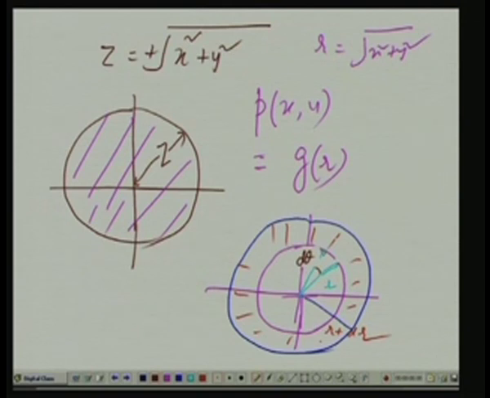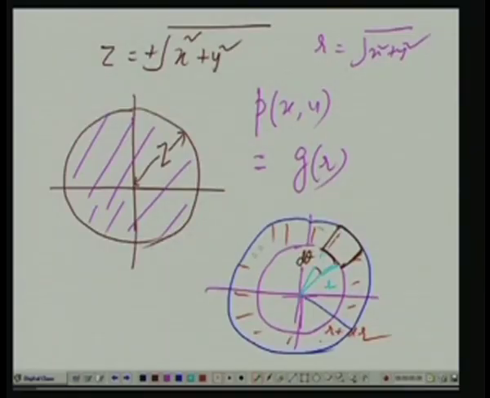So, what is this length? R d theta. And what is this length? This length is dr. Since dr and d theta are infinitesimally small, this area is almost like a rectangle with width r d theta at one end and dr at the other. So, the area is r d theta dr.